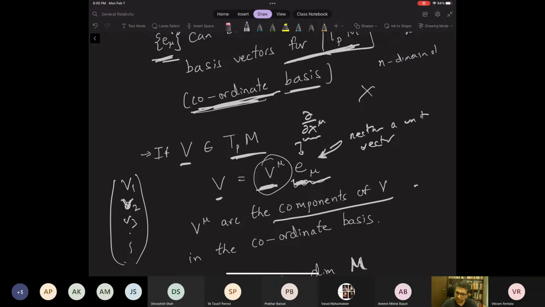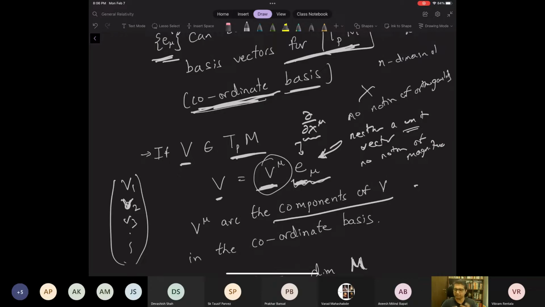We can't think of it as a unit vector because there's no notion of magnitude. And we can't think of this as an orthonormal or orthogonal basis either, because for orthogonality, you need to define inner products between vectors.